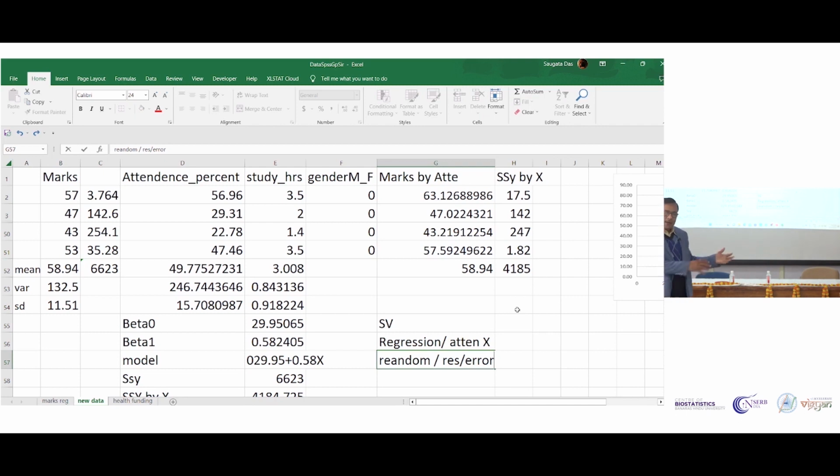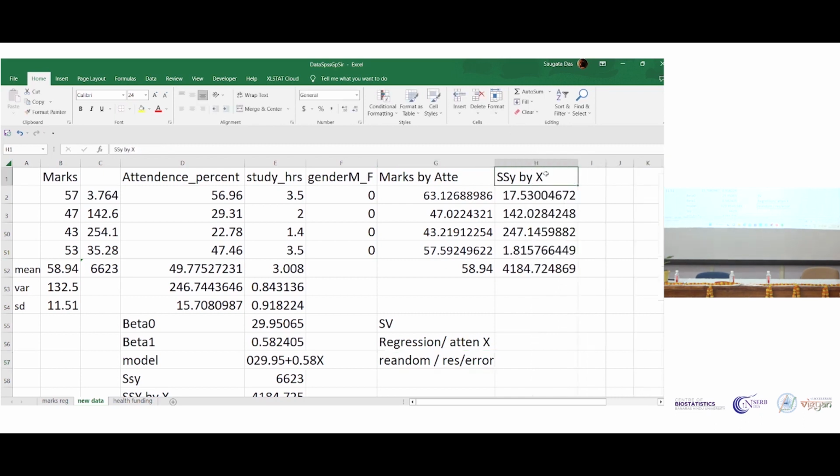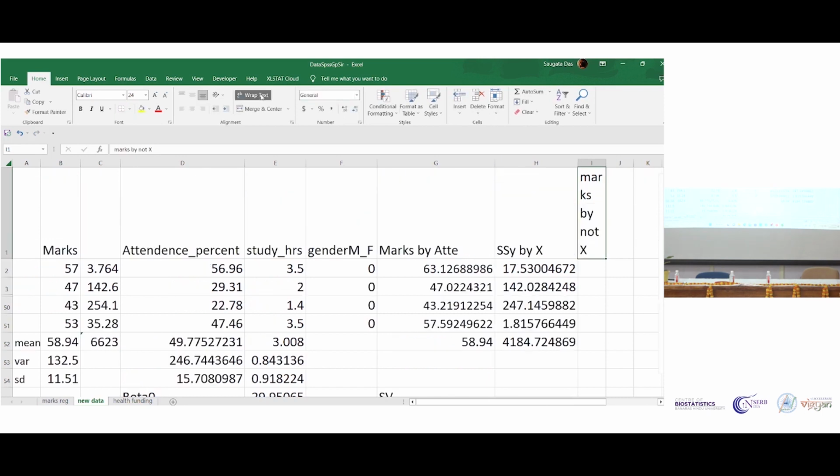Y का। लेकिन we are still not having the data of Y by the source of not X. So if I subtract here marks by not x, तो पता कर सकते हैं कि नहीं?